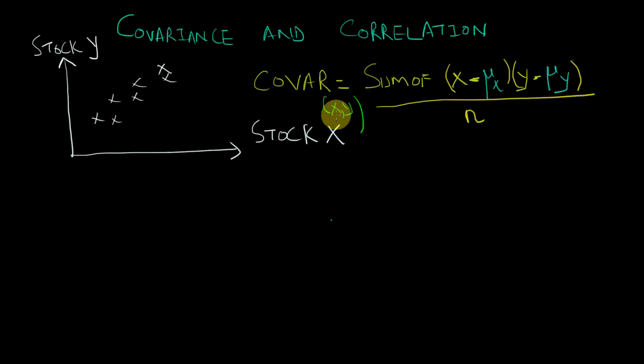Here, the covariance between X and Y is calculated by taking the values of X compared to its average, where mu X is the mean of X. Let's assume you have 30 observations: 30 values of stock X, and for the same dates 30 values of stock Y. For each day, you calculate the value of X compared to its average, and the value of Y compared to its average, then multiply those for each date, and divide by the number of observations.